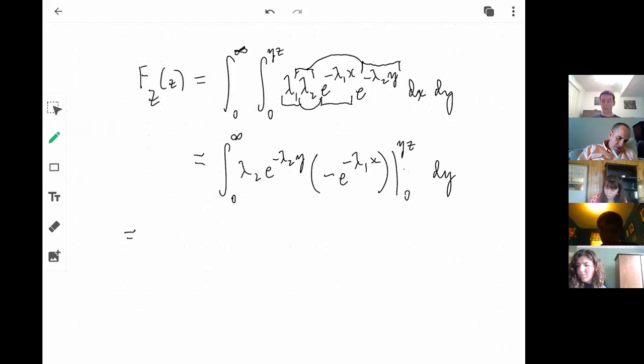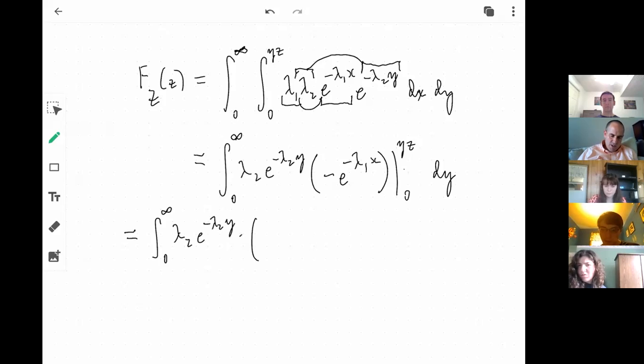So this is going to be the integral from 0 to infinity, lambda 2 e to the minus lambda 2 y times, well, let's see here. It's going to be negative e to the minus lambda 1 yz plus 1. So this is going to be 1 minus e to the minus lambda 1 yz, dy.